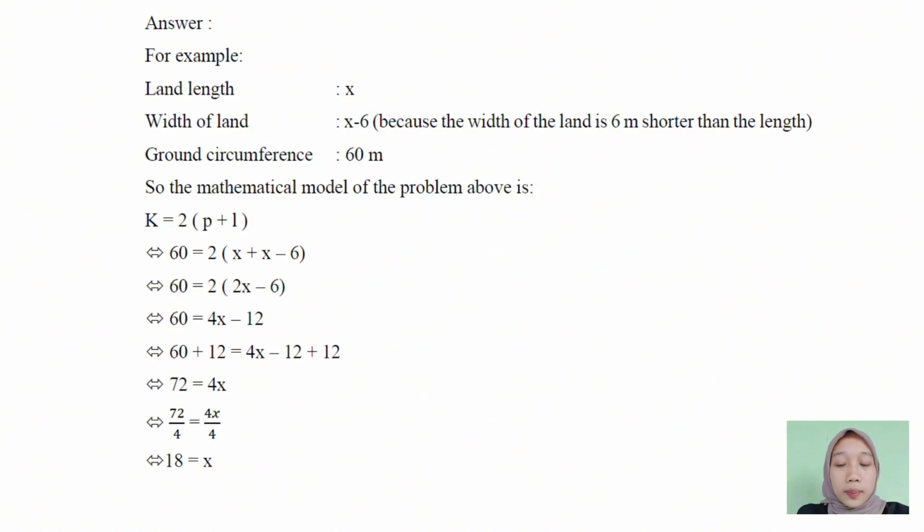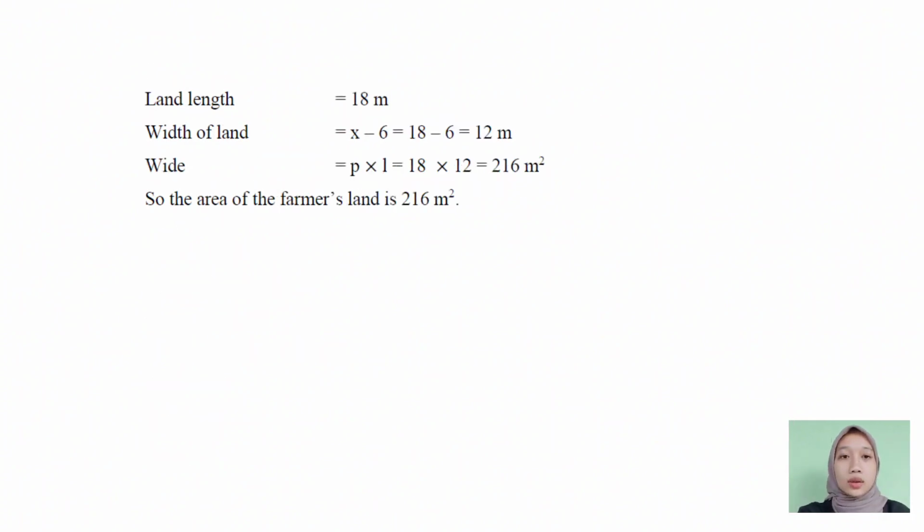60 plus 12 equals 4x minus 12 plus 12. 72 equals 4x. 72 over 4 equals 4x over 4. So 18 equals x. So land length equals 18 meters. Width equals x minus 6, equals 12 meters.